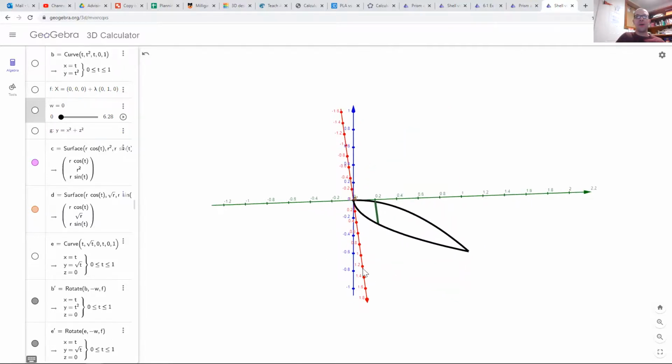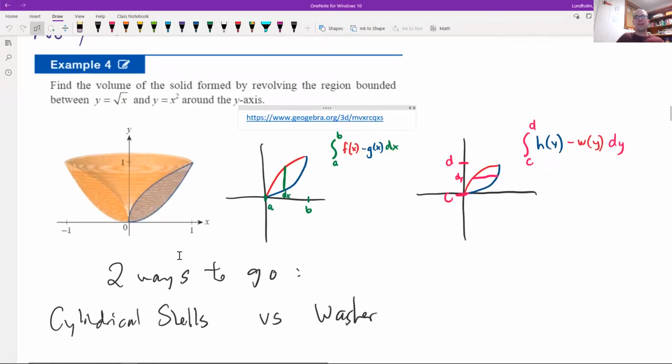But let's go back to OneNote so that we can look at the details again. So we're spinning around the y-axis here. This one would give us a shell, and the right-hand one would give us a washer shape.